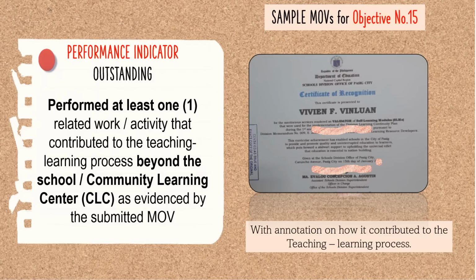Kasi ang performance indicator for outstanding ng quality ay perform at least one related work or activity that contributed to the teaching learning process beyond the school or community learning center as evidenced by the submitted MOV. So, kailangan din na lalagyan ito ng annotation on how it contributed to the teaching learning process.